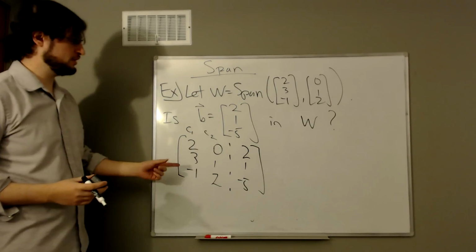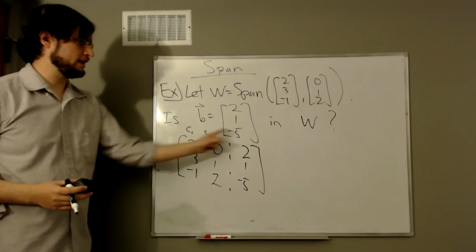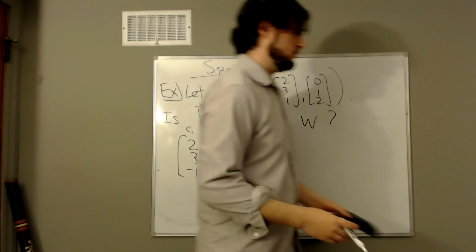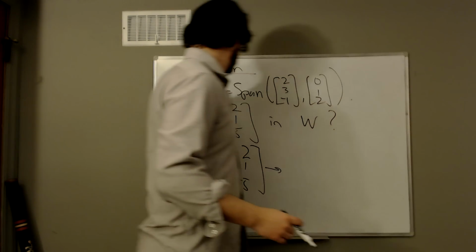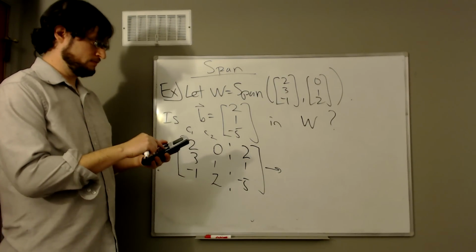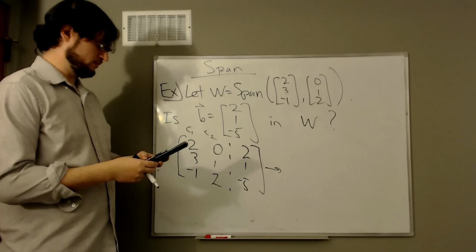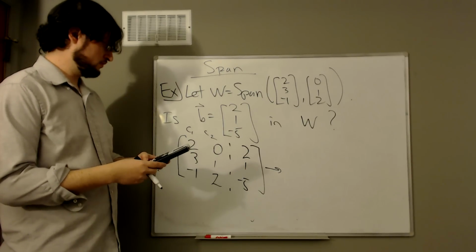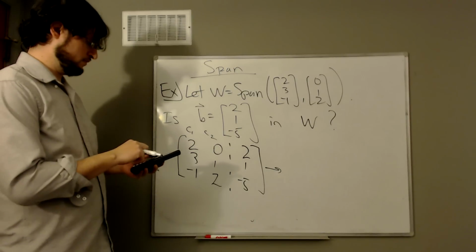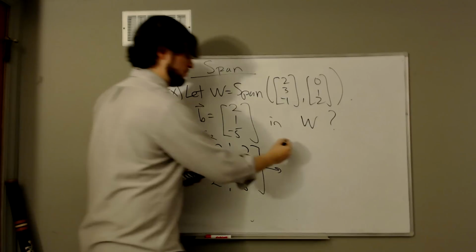What could I scale this by and this by, so that when I scale and add, I get to the vector b? So we put our matrix in and we row reduce. And this is what we get.